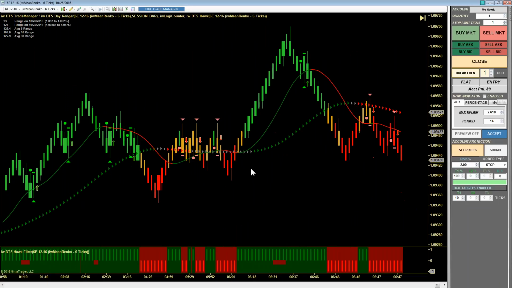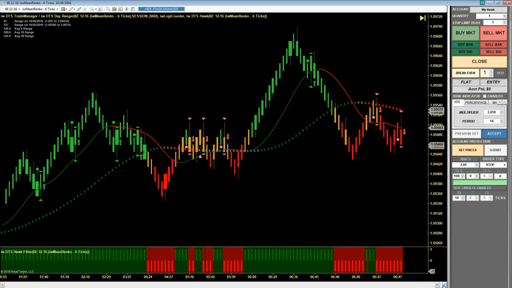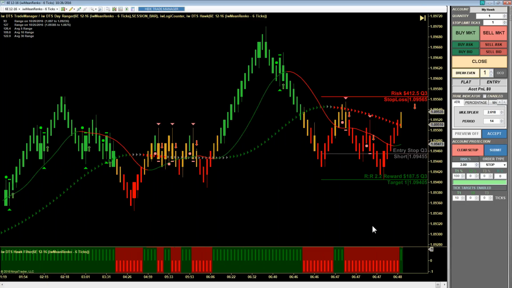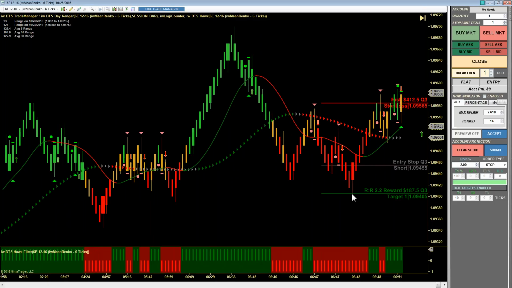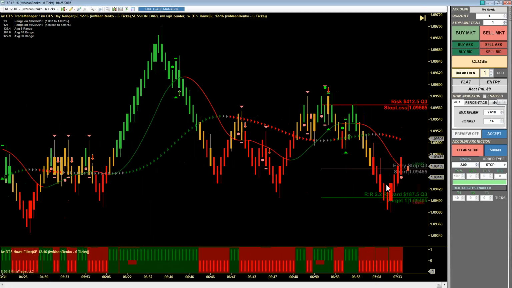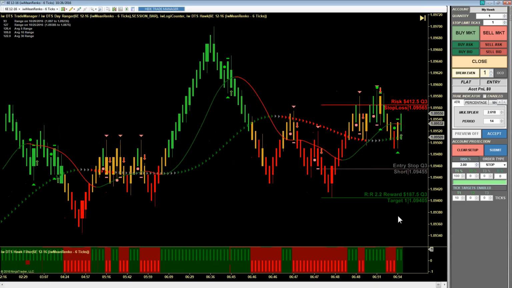You see, here's a good example. Here's a first micro-macro cross signal that prints. And if you placed your stop right there, boom. Oh, no, maybe you hit your profit target before it stopped you out. But notice, you just would have been tagged by 3 or 4 ticks before the market goes down and snags you.